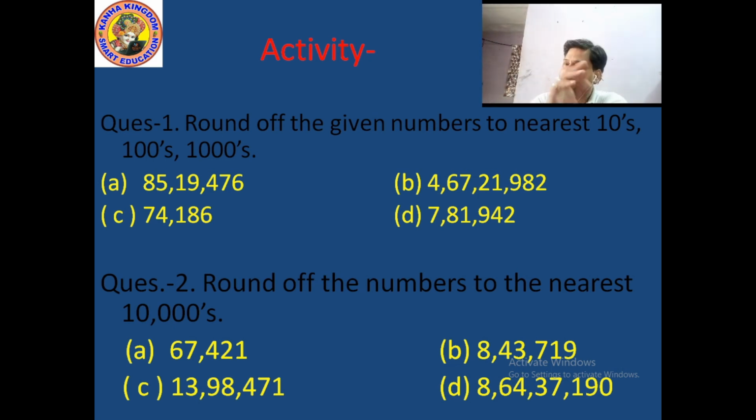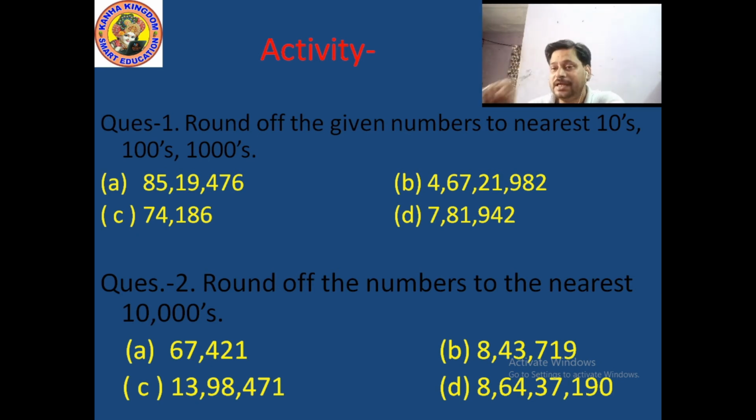Then comma, and after that the thousands period, then comma, the lakhs period, and then comma, the crore period, all are the same, nothing is changeable.